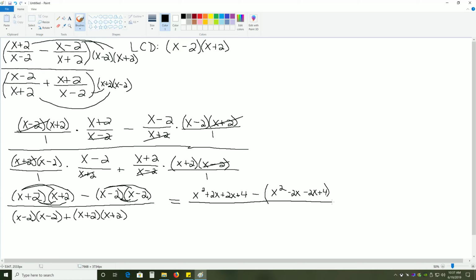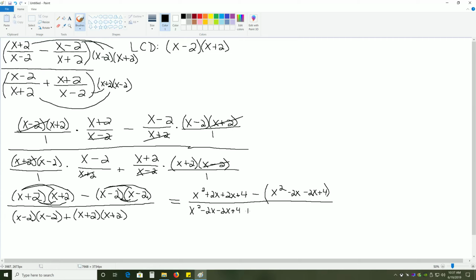And this is all over the same two pairs of multiples being added together instead. So we know this x minus 2 times x minus 2 will again be x squared minus 2x minus 2x plus 4.